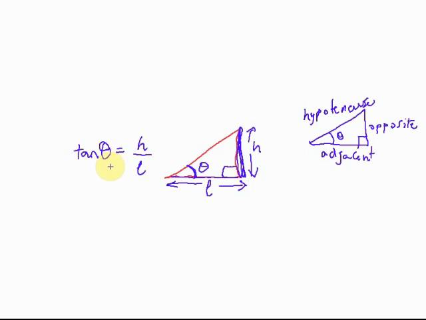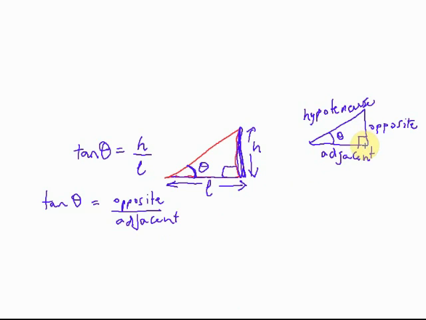So another way of expressing the tangent of this angle theta without these abbreviated letters is simply to say that the tangent of any angle theta in a right angle triangle is equal to the length of the opposite side divided by the length of the adjacent side.